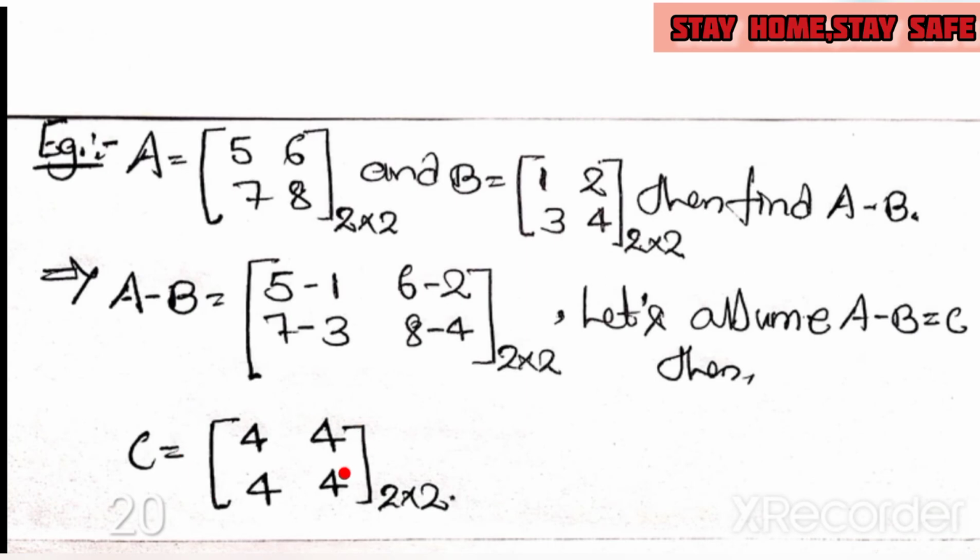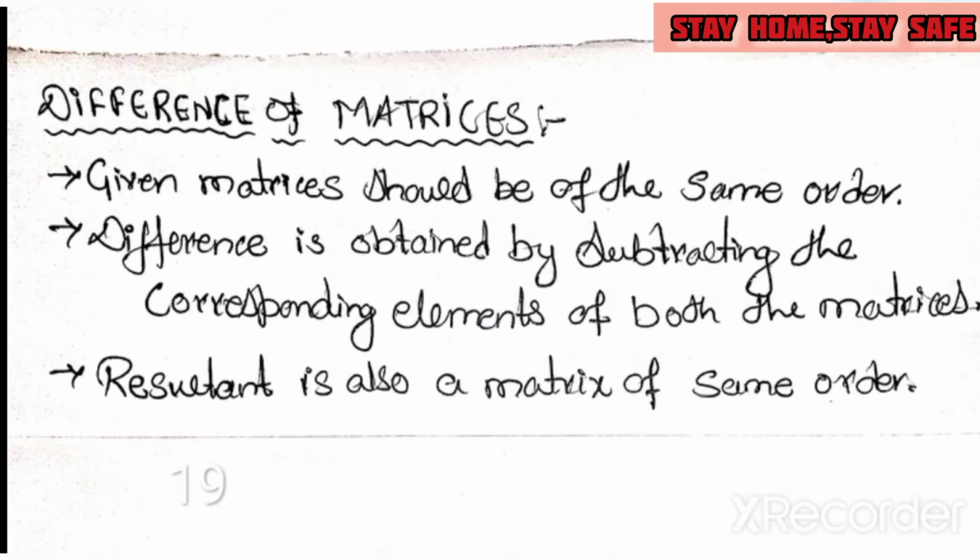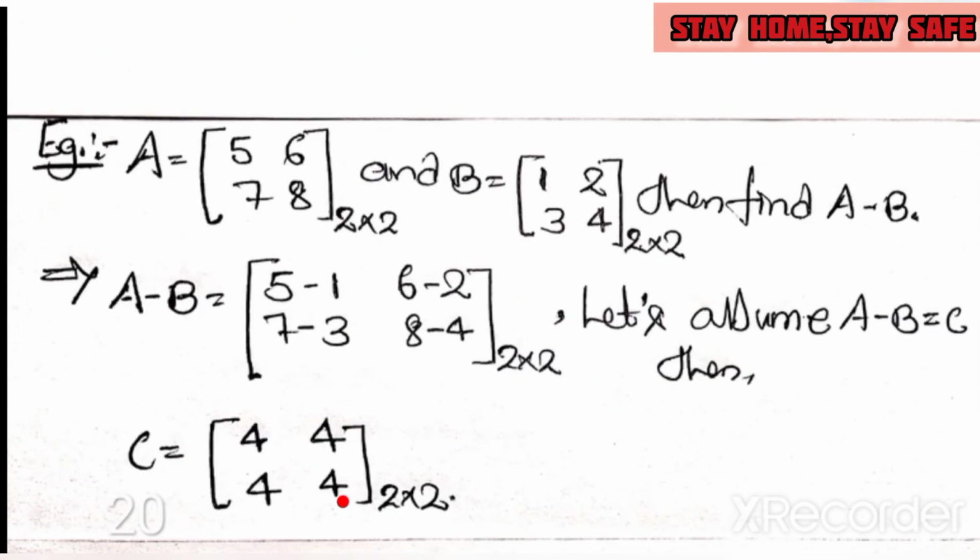The resultant is also a matrix of the same order. Here we have this matrix C equal to 4 4 4 4, of order 2 by 2, the same order.